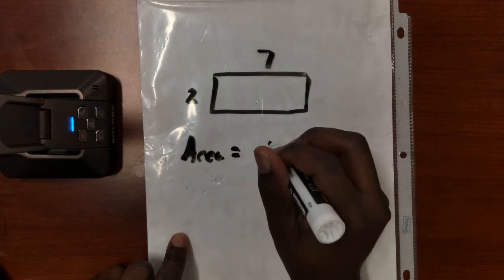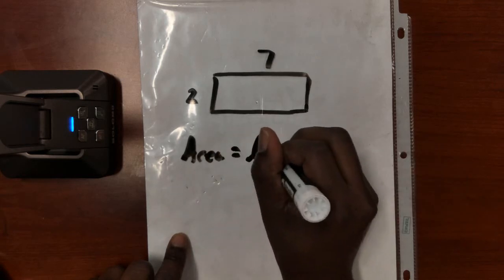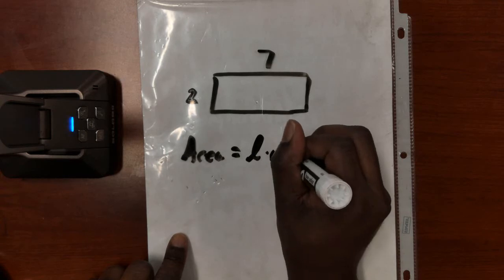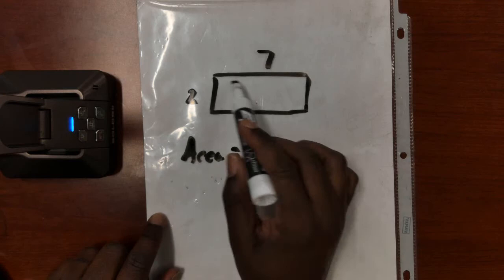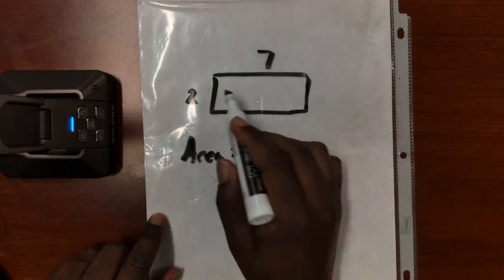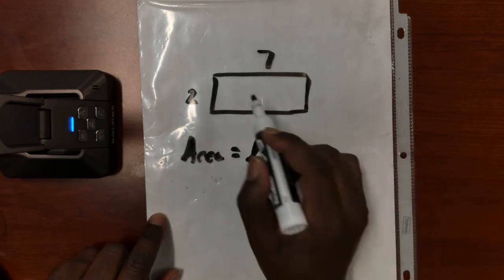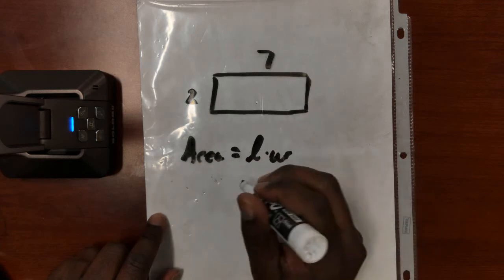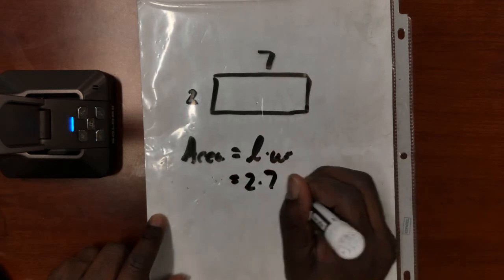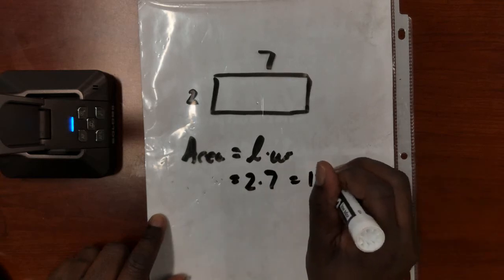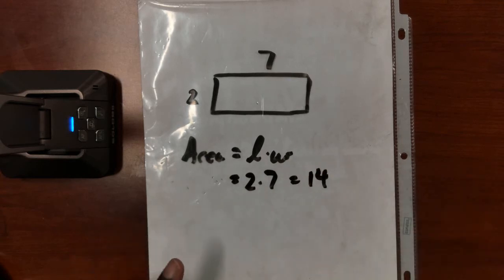Remember, the formula for the area of a rectangle was length times width, right? So this is going to be 2 times 7, which is going to be 14, right?